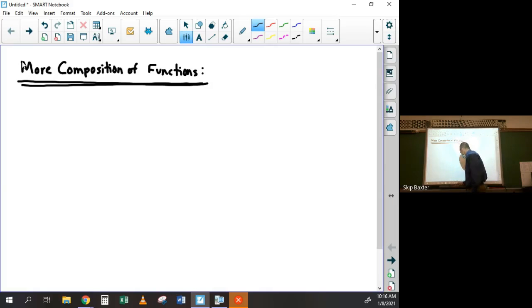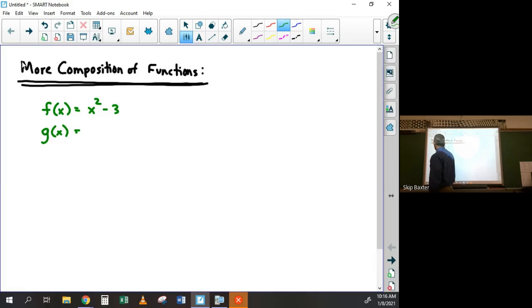But this time, if I have two functions like f of x equals x squared minus 3 and g of x equals 5 plus 2x, instead of finding a composition at a point, like an actual x value, we can find compositions at a variable.